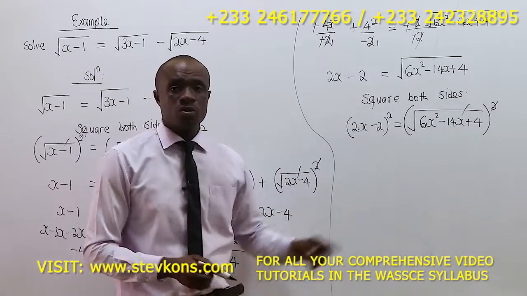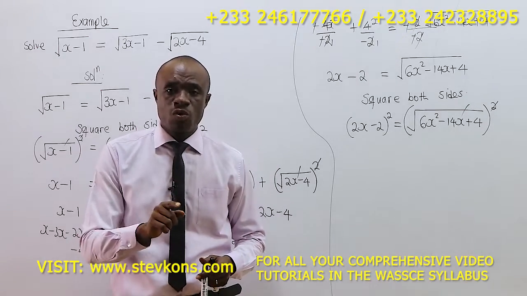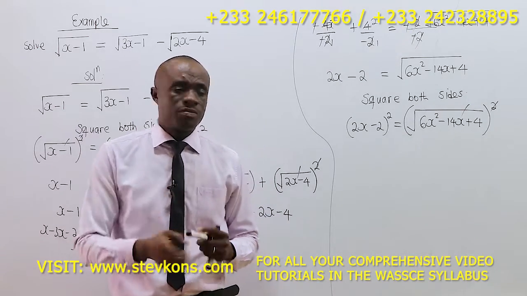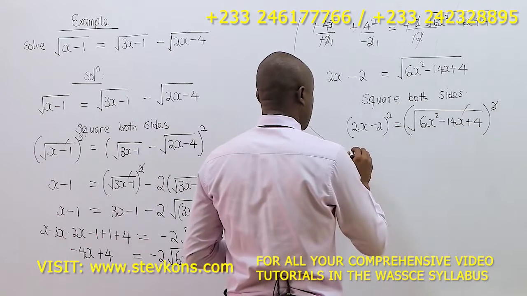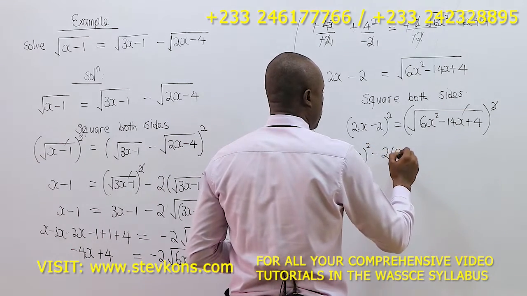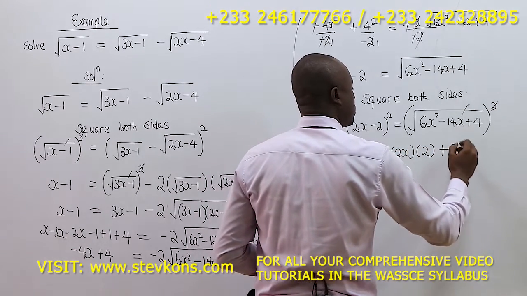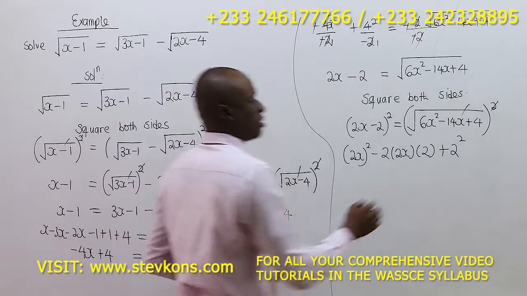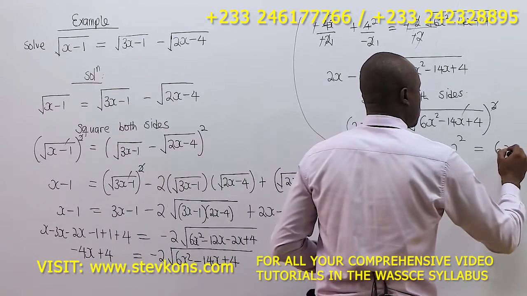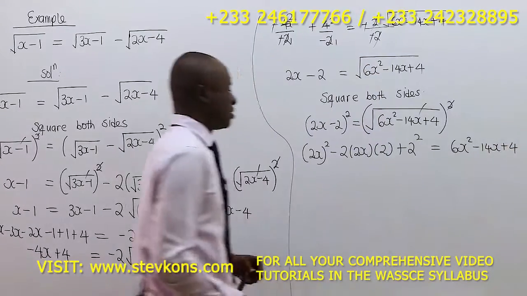Now 2x minus 2 all squared is of the form a minus b all squared, which is what? a squared minus 2ab plus b squared. So expanding this, we have a squared minus 2ab plus b squared. And clearly this will be equal to 6x squared minus 14x plus 4.